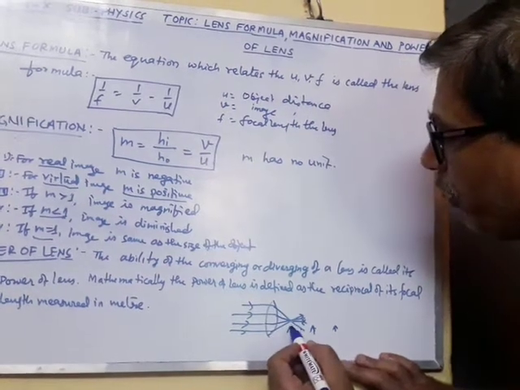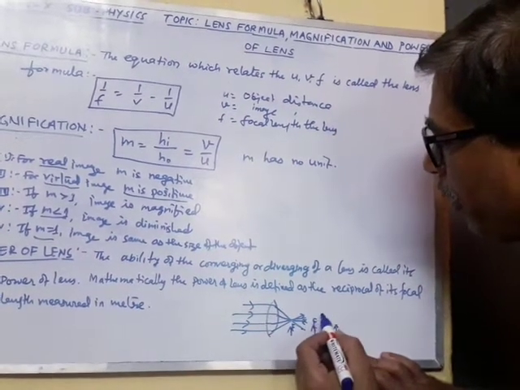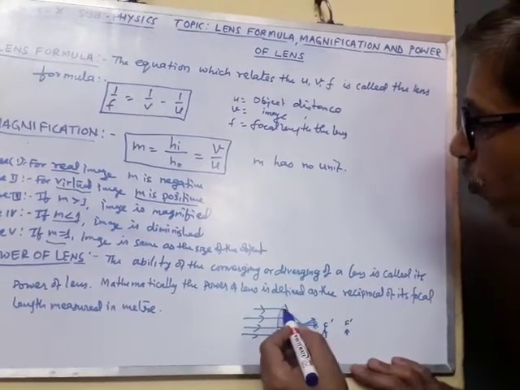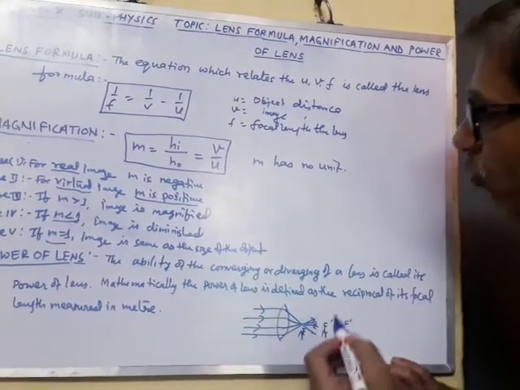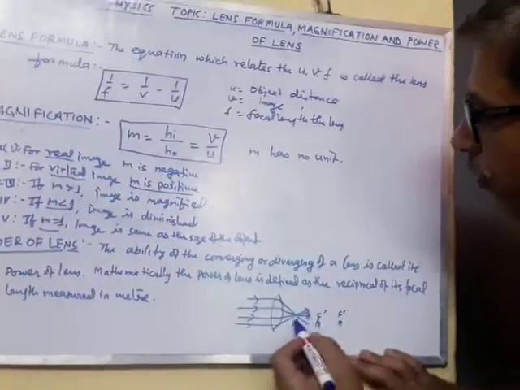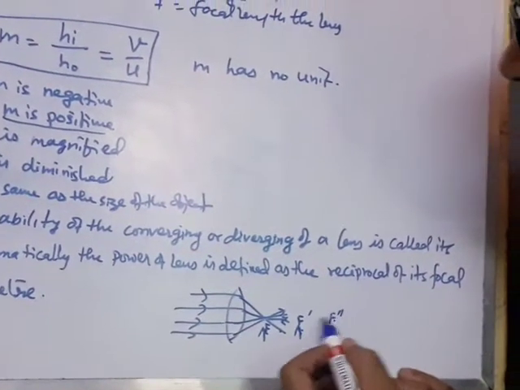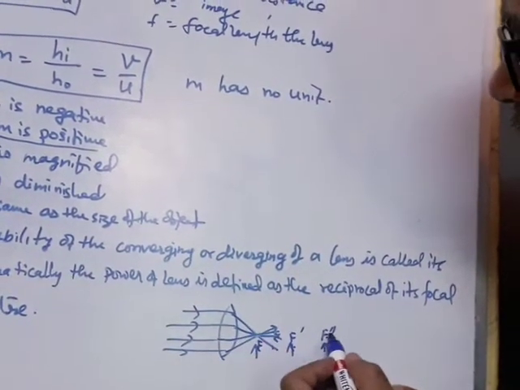So all these points f, f dash, f dash dash are different points at different locations. For a lens, if its principal focus is here, then its ability of convergence is less.